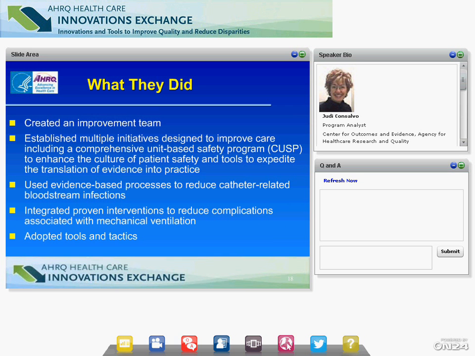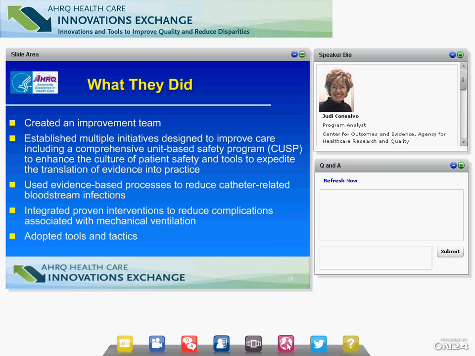Each ICU implements a CUSP, a 5-step process that Johns Hopkins developed and now is sharing across AHRQ. The culture of safety and teamwork is measured annually using safety attitudes questionnaires, so there's the benchmark.